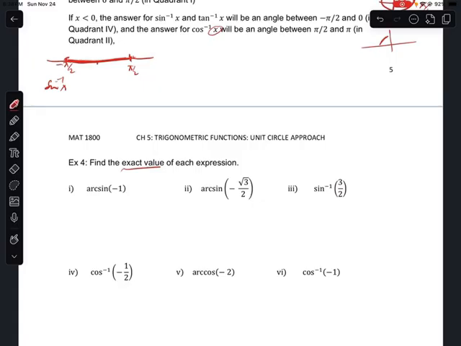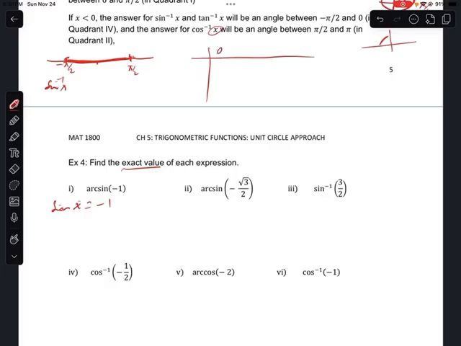Okay, so why is that happening? Because remember, we are looking for inverse sine and inverse tangent. We are looking for a value between negative pi over 2 and pi over 2. Okay, so we are looking between negative pi over 2 and pi over 2. So this is our range in which we are trying to look for the value.